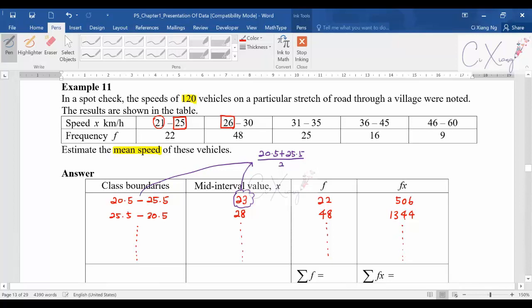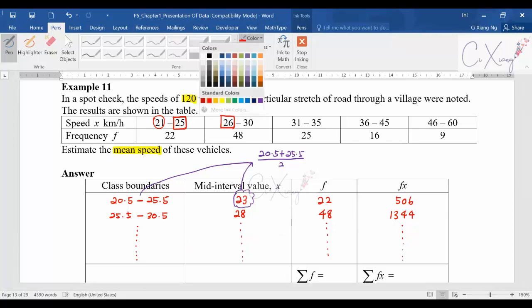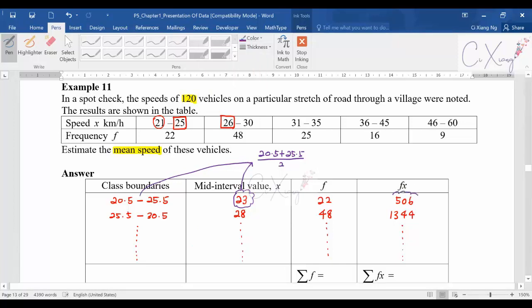The "and so on" here means that you don't fill it up with dots, you fill it up with the numbers yourself. So please complete the table here. Maybe for this part I will just write it out for you. How can I get 506? You take 23 multiplied with 22.